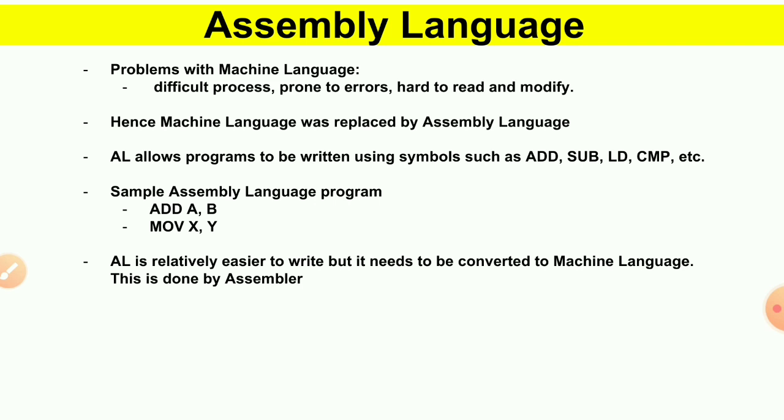In assembly language you use certain symbols. For example, let's say 1001, this particular sequence is the instruction for adding. You are asking the CPU, the computer, to add. This is just an example. I'm asking you to assume that 1001 means to add two numbers.